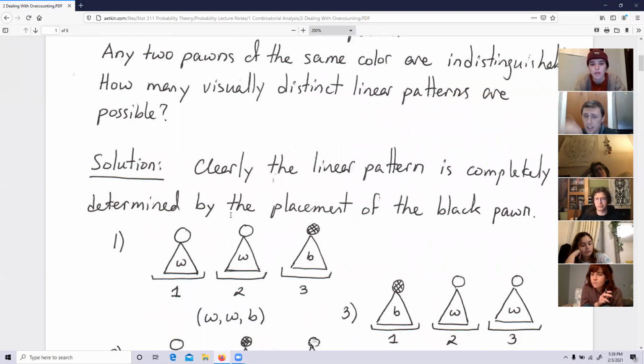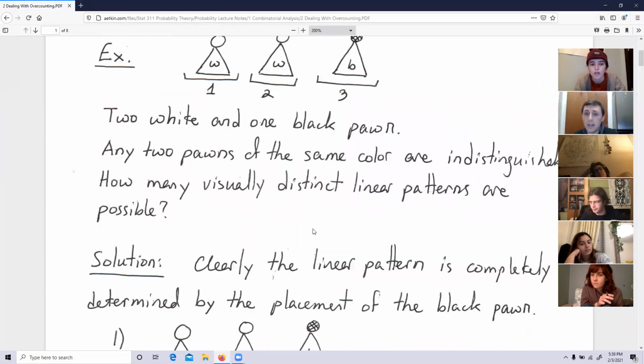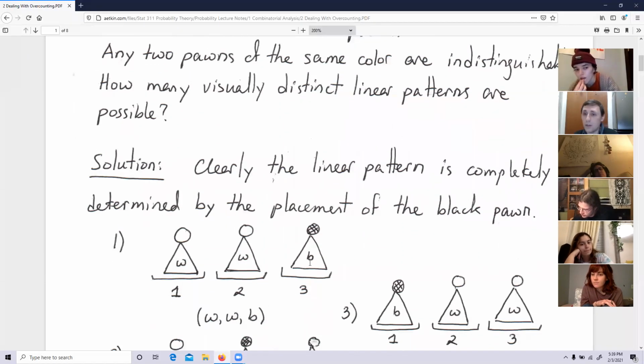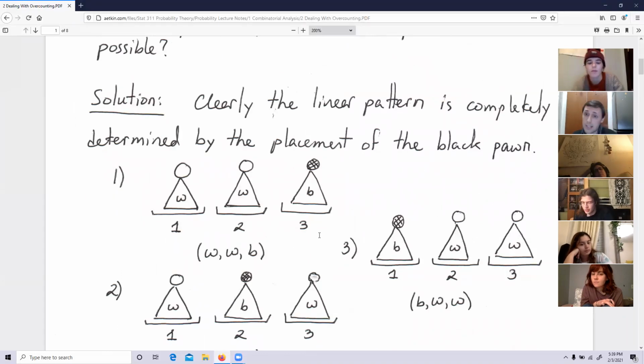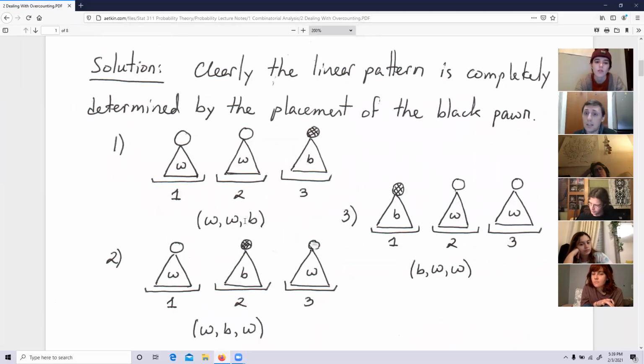So I can do that directly in this case, since there is one object that's distinguishable. So there are how many possibilities, guys? There are obviously 3 possibilities, because the black pawn can be in third position, in first position, or in the second position. Yes, and the direct codes that we can calculate here are WWB, or BWW, or WBW, right? I can keep track of where the black pawn is going.